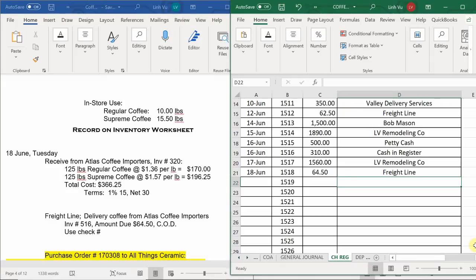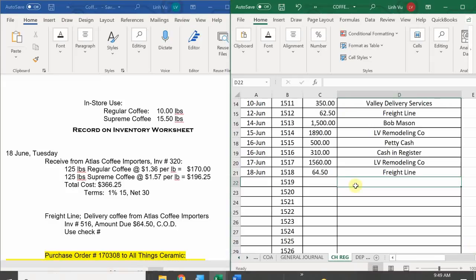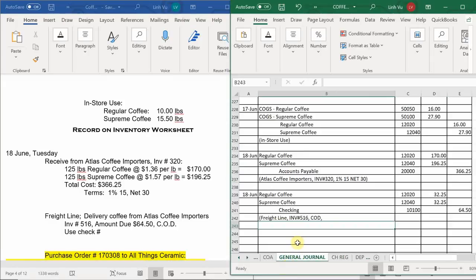So I have my check here, number 1518, which definitely should go in your general journal so you can have a reference point here saying that this transaction has happened because I wrote check number 1518. Not only does this validate my actual transaction, it gives me a perfect paper trail of how this transaction happened and how it got paid.